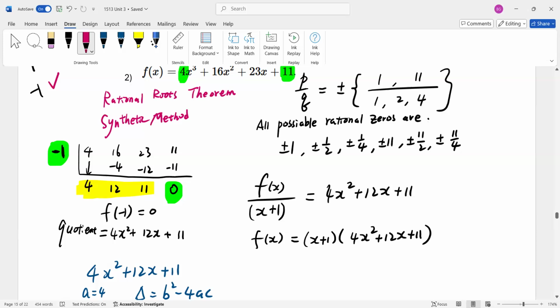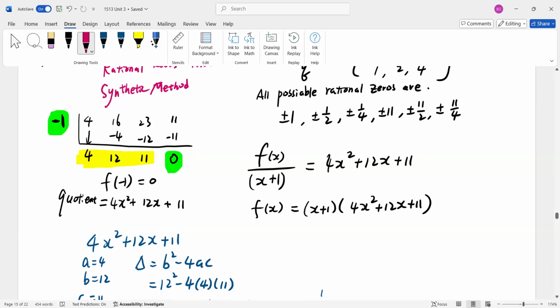So that also means the original function can be written as x plus 1. This is also important. It can be written as x minus k. Your k is -1, so x minus k is x plus 1, times a quadratic trinomial.